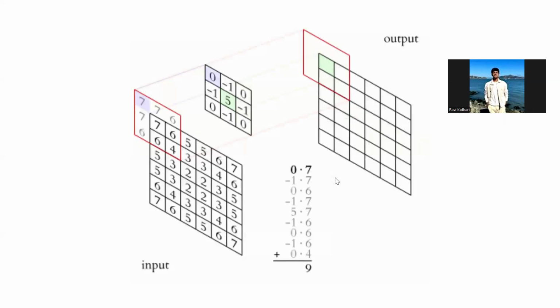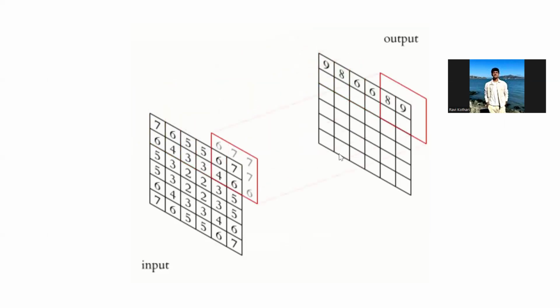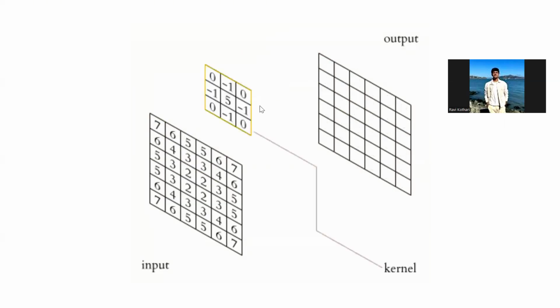Now I'll quickly go over what convolution is. Convolution is nothing but multiply and accumulate, wherein we multiply the element of the input to the corresponding element of the kernel, and then we add all of those multiplications and we get the resultant output.